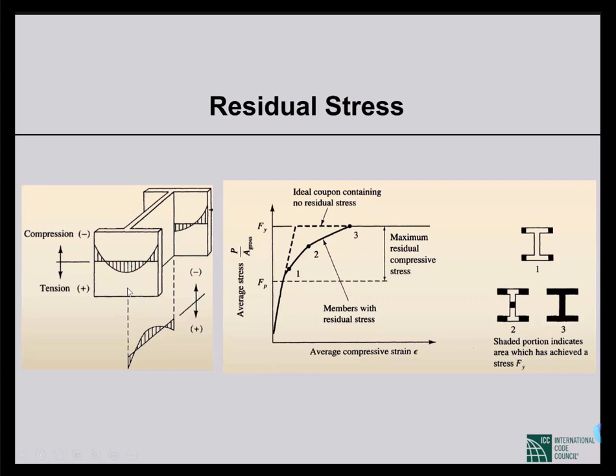So that causes these residual stresses. On the right side, once it starts cooling down, the outer edges of the flanges cool faster, and that causes some compressive stresses. Then the middle of the web starts cooling down, that causes some compressive stresses in the middle of the web, and gradually the whole thing cools down.